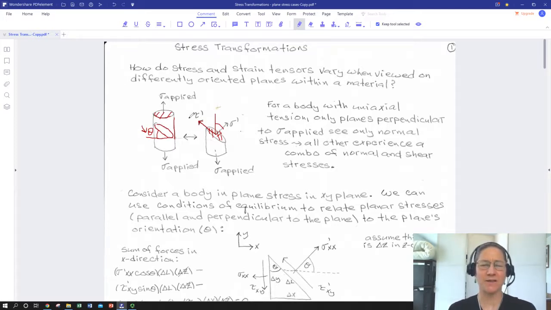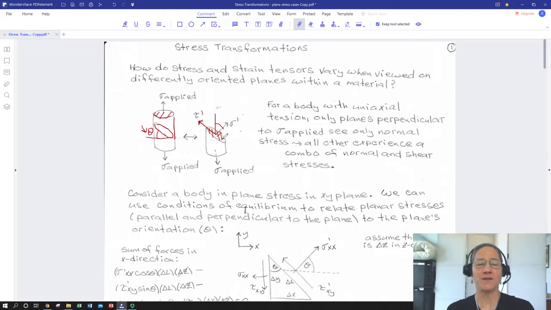So we're going to expand on that a little bit. We've calculated this possibly in the past. Depending on where you are in your study of mechanics of materials, you may have calculated sigma prime and tau prime for a particular planar tilt and a particular geometry of material.